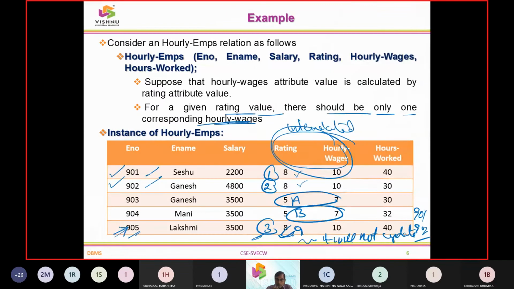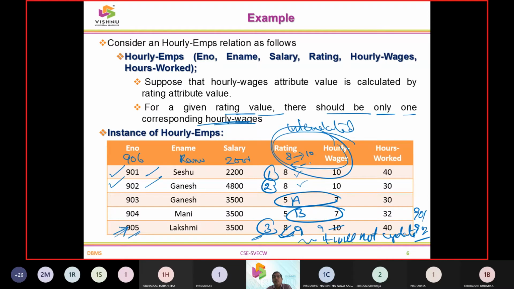So what is the criticality here? Assume I am going to create a record called 906, then I put the name Ramu, then I put a salary as 2000. Now, what should I understand? If I put 8, it should be 10.